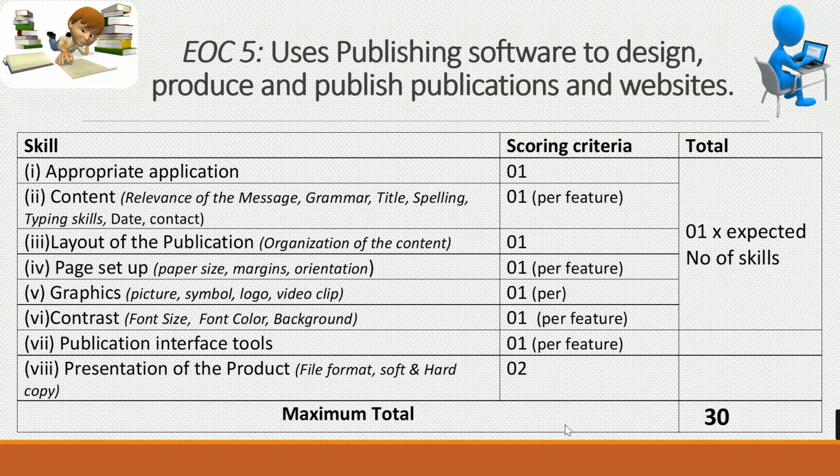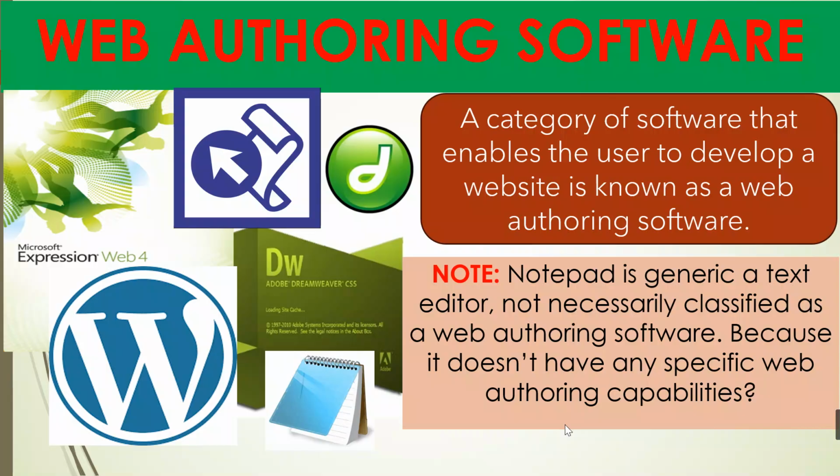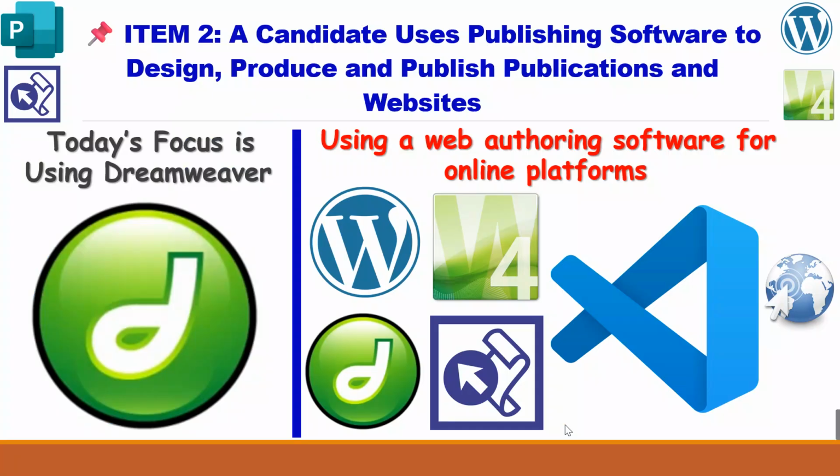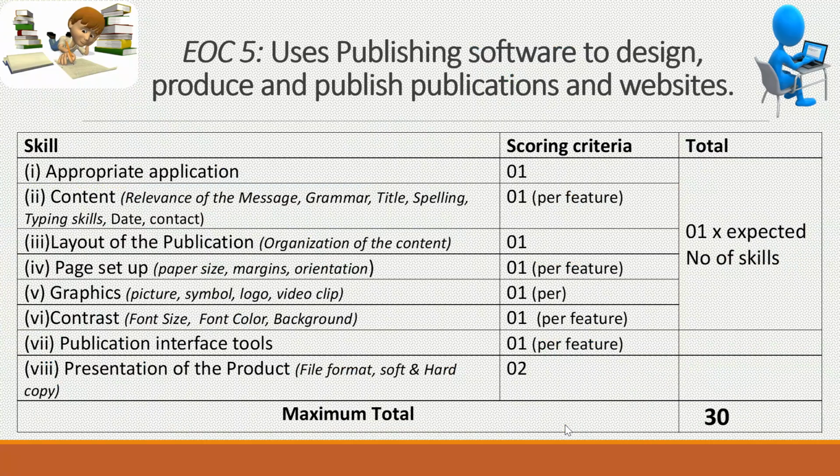If the item is calling for an online platform, is calling for a website, that means that you must use a web authoring software. And we have seen different examples of web authoring softwares: WordPress, Dreamweaver, Expression Web, Front Page, VS Code, etc. Those are examples of web authoring softwares.